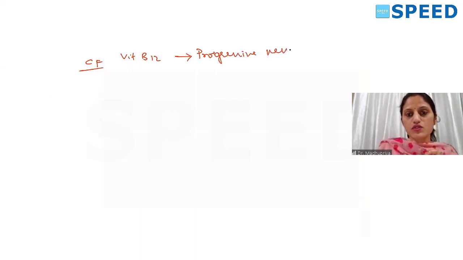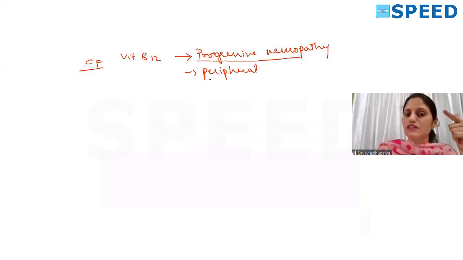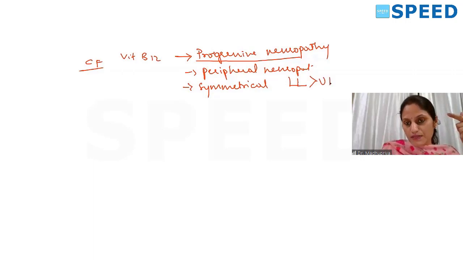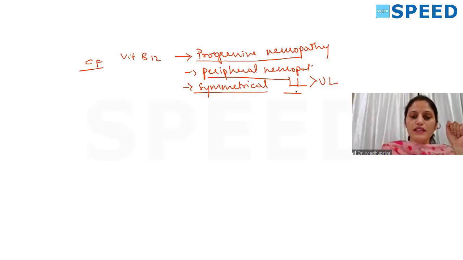They will have peripheral neuropathy, a progressive type. This will be symmetrical, more common in the lower limbs than the upper limbs. Initially it will start with the lower limbs, especially sensory loss of the second toe.